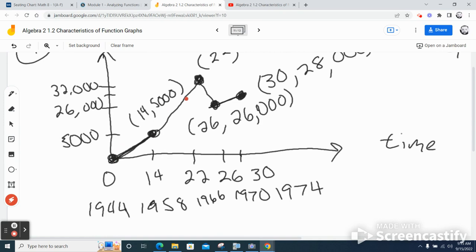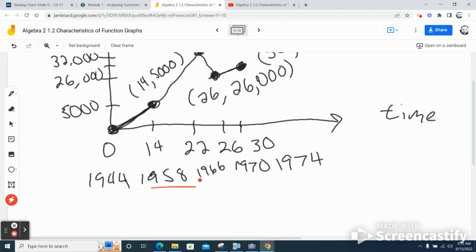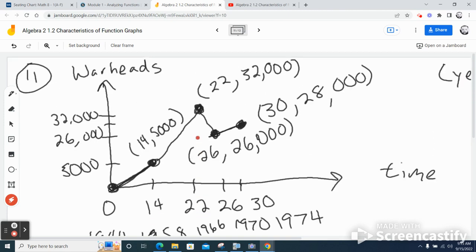Let's continue to read the problem. It says from 1958 to 1966, there was a rapid increase in the number of warheads to a maximum of 32,000. So again, from 1958 to 1966, that's 8 years. So 8 plus 14 is 22. And there was a maximum of 32,000 warheads.